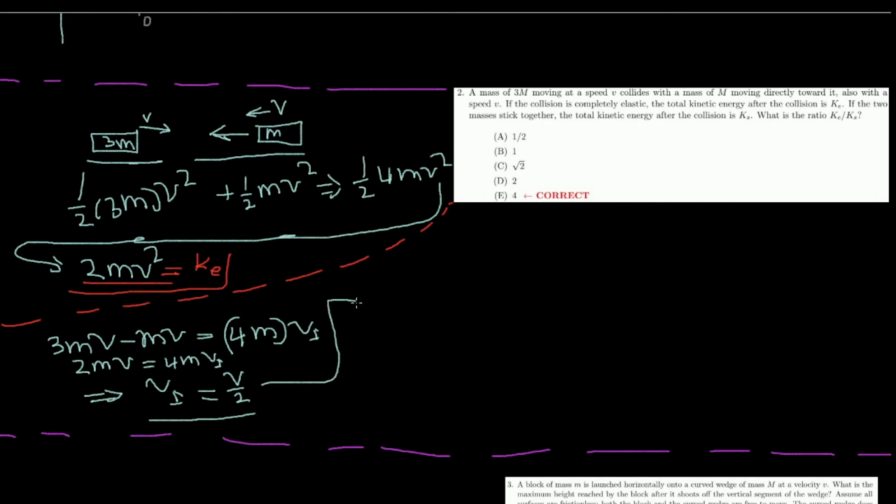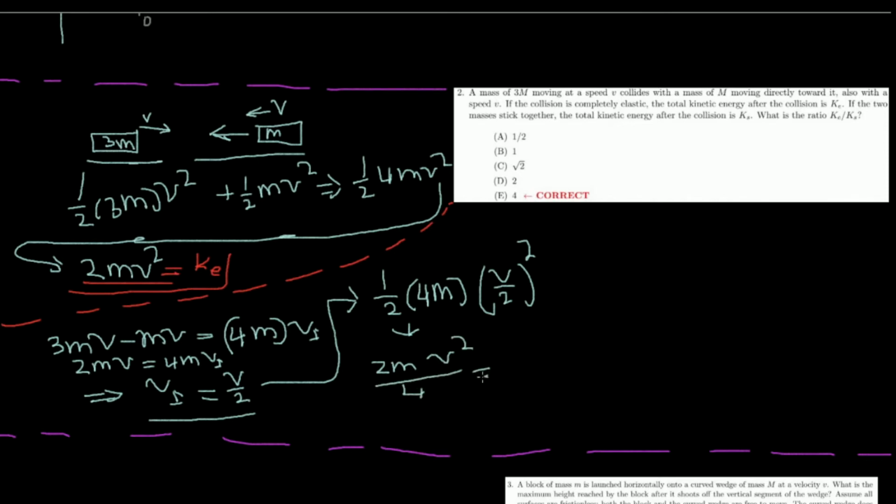And now essentially we could just write the same kinetic energy, 1/2. Remember, they're stuck together, so it's 4m times v over 2 squared, because it's v1 squared. And this is 2m v squared over 4, which is equal to 1/2 mv squared, which is equal to Ks.